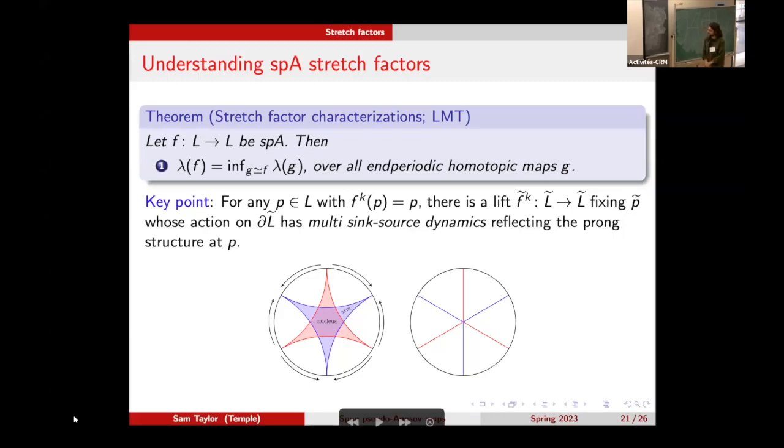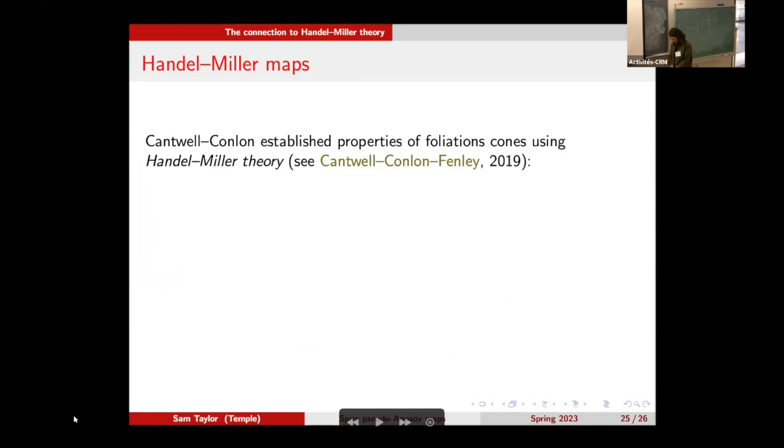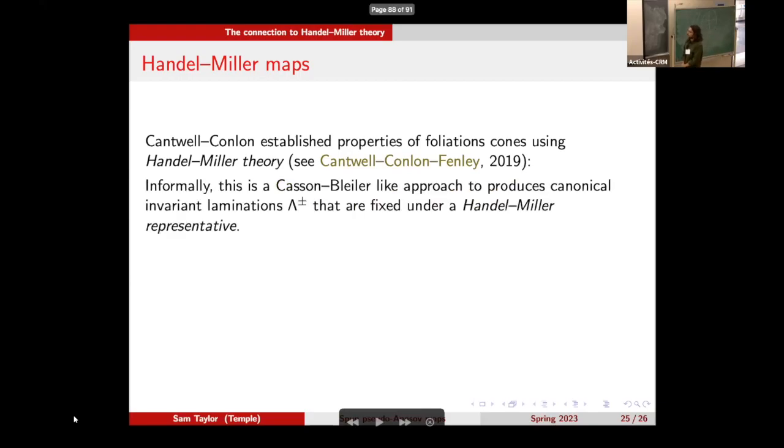Yeah. Okay, so maybe I'll just end by saying something about a connection with a previous way of how one studies these N-periodic maps. There was work done in the late 80s, early 90s by Handel and Miller to understand N-periodic maps, arising because they arise as monodromies of depth one foliations. This is only recently completely written up in work of Cantwell, Conlon, and Fenley.